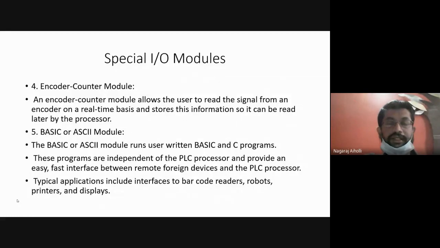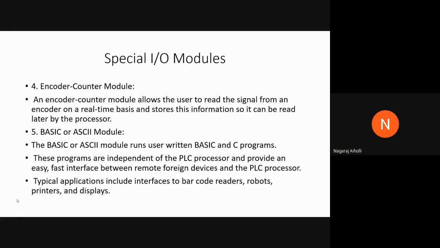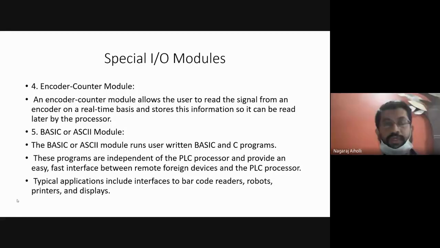So there is a particular way of communication between the BASIC and C language programs stored in the PLC memory and the remote devices at a far distance. There is a communication link between all these, so that a particular application is run, monitored and supervised.